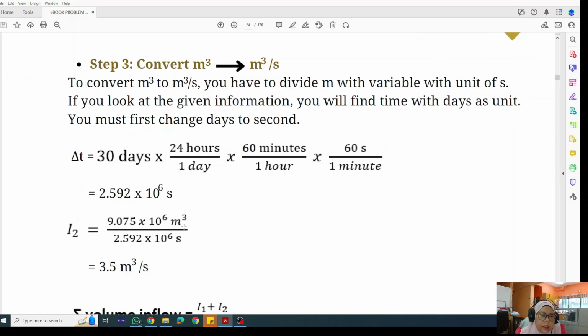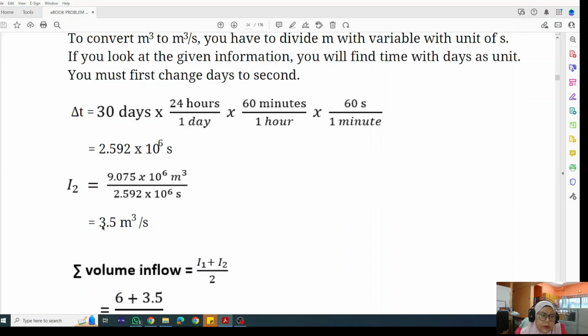So you can get the value in unit meter cube per second. Just take the value in meter cube over here and divide by the value for time in second as we calculated just now, which is 2.592 times 10 to the power of 6 seconds. So the new value for I2 is 3.5 meter cube per second.